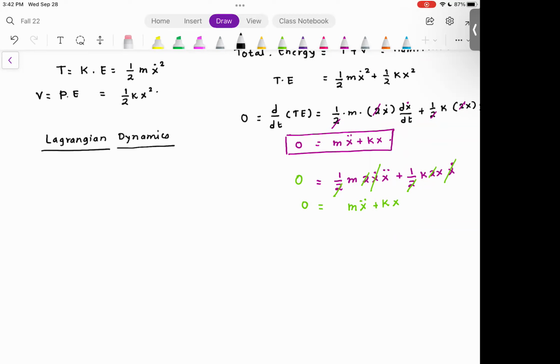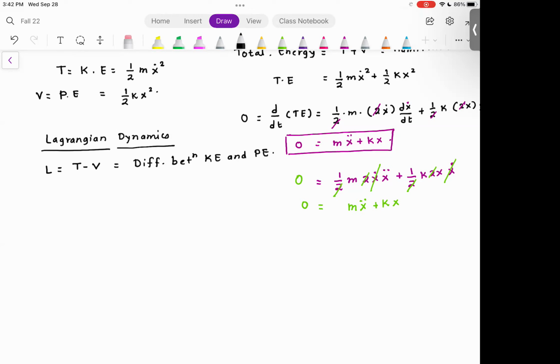Now, instead of defining the Hamiltonian, which is the sum of potential energy and kinetic energy, I'm going to define the Lagrangian, which is the difference between kinetic energy and potential energy.